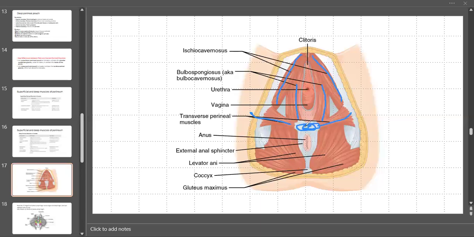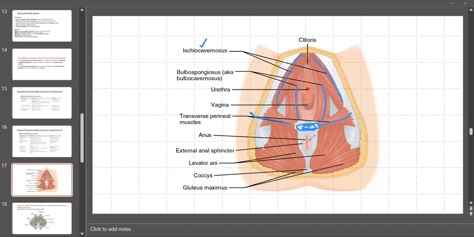And tell me another thing. Is this structure, the perineal body, giving attachment to this muscle, ischiocavernosus muscle? Say yes or no. Because you can see the transverse muscles are coming and taking the attachment. Bulbospongiosus is coming and taking the attachment. Here we have levator ani, some fibers are going. External anal sphincter, they are going and taking the attachment.